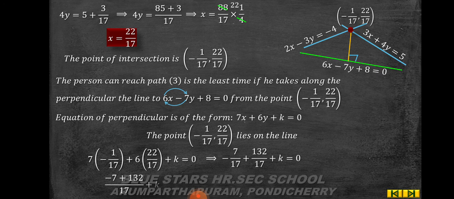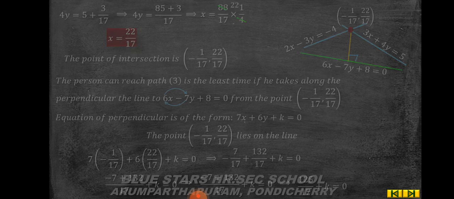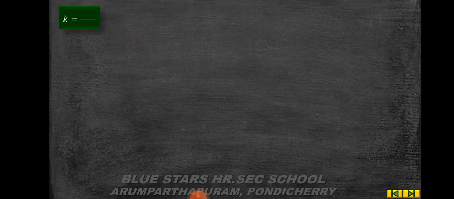So minus 7 plus 132 by 17 plus k is equal to 0. Therefore, 125 by 17 plus k is equal to 0. The value of k is equal to minus 125 by 17.